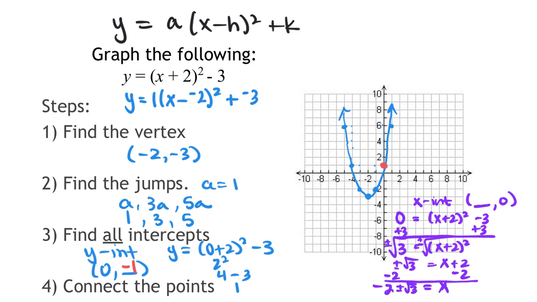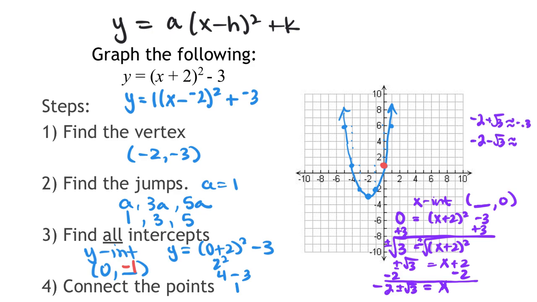What does that look like on the graph? We're going to have to get a decimal approximation because we don't have a feel for what it looks like to be negative 2 plus or minus root 3. I'm going to pull those two roots apart, and we're going to do a decimal approximation. If you type into your calculator negative 2 plus the square root of 3, you are going to get negative 0.3.